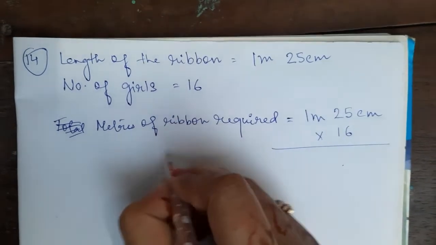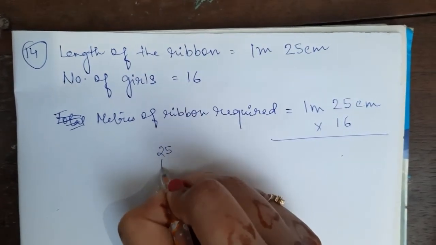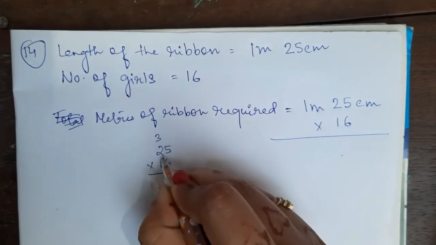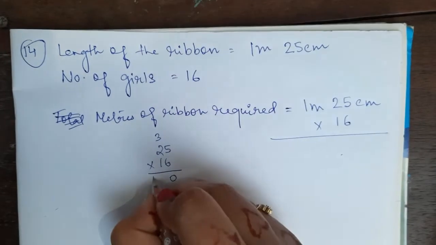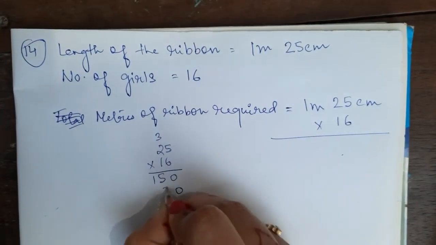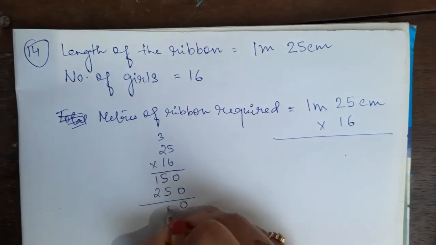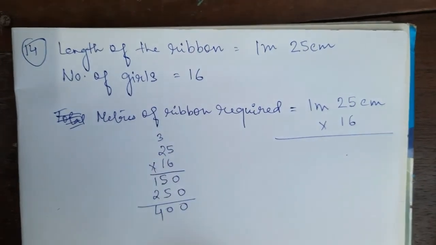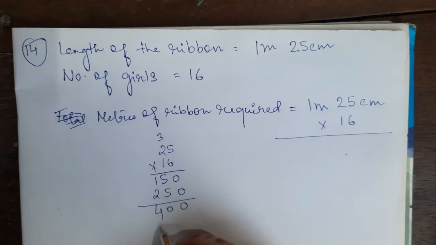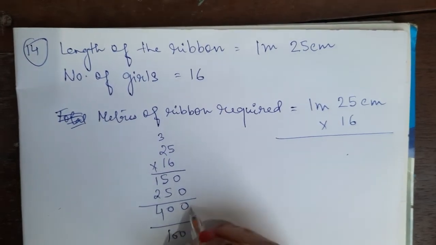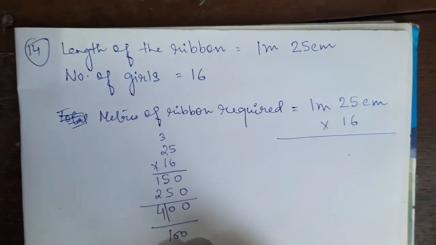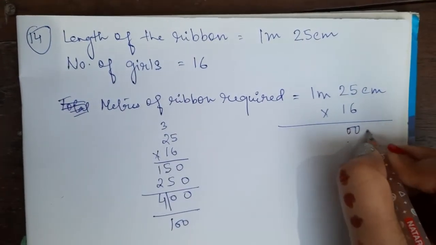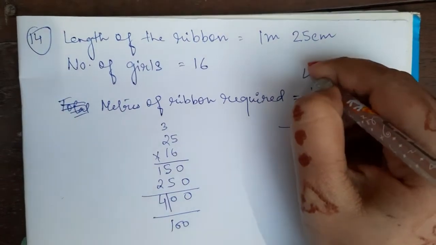Let's do it separately. 25 16 multiply. 6 5s are 30, 6 2s are 12, 13 14 15. 0. 1 5s are 5, 1 2s are 2. 2 3 4. 400. Divided by 100 means 2 0 and 4. So naturally it becomes 0 0 centimeter and carry forward 4.